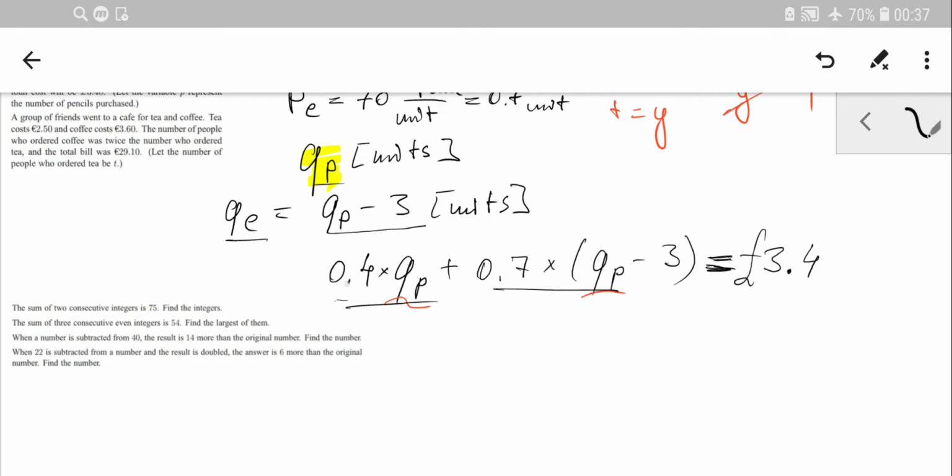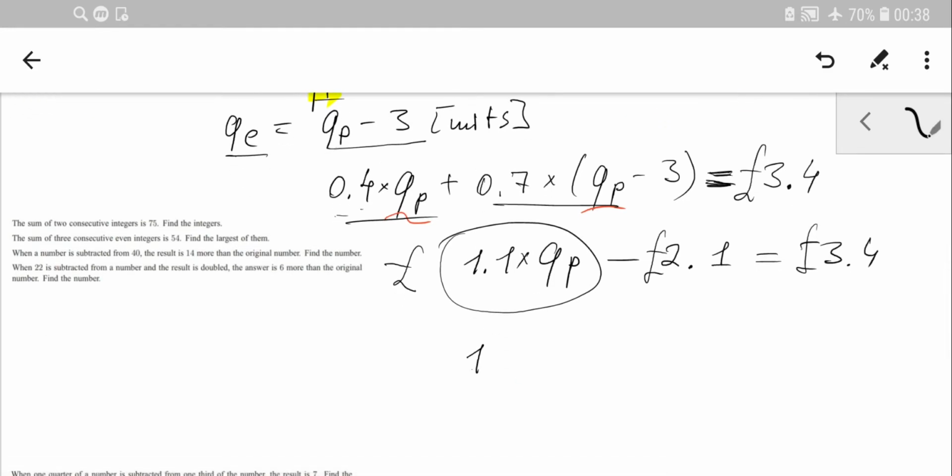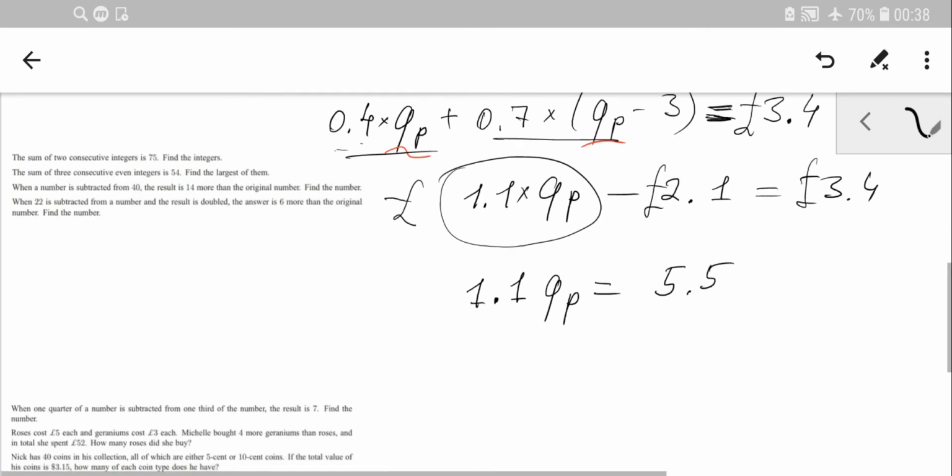We'll get 0.4 Q plus 0.7 Q, so 1.1 Q of pencils, and then 3 times 0.7 gives minus 2.1, equal to 3.4 pounds. Obviously the units stay as pounds everywhere. So 1.1 times the quantity of pencils equals 3.4 plus 2.1, which is 5.5, and then we divide by 1.1 to find the quantity of pencils. So we'll get 55 over 11, just 5.